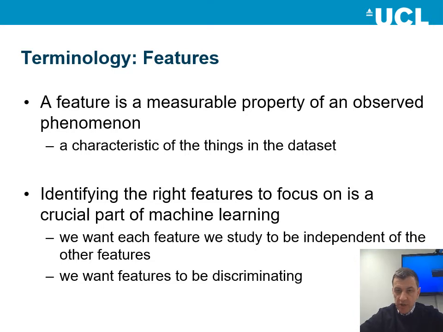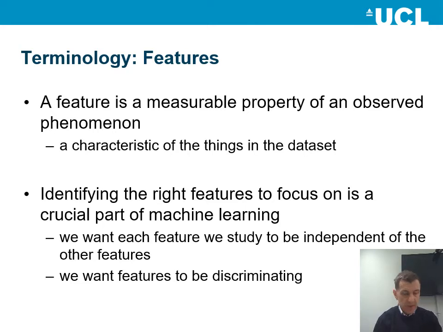So let's imagine that we're interested in patients, and the features are all the different things that we know about the patients. That might be the age, it might be their diagnosis, it might be their gender, it might be all kinds of things to do with their lifestyle, to do with their genome. Anything that we know about all of the patients in our data set can be a feature that we can use in machine learning.